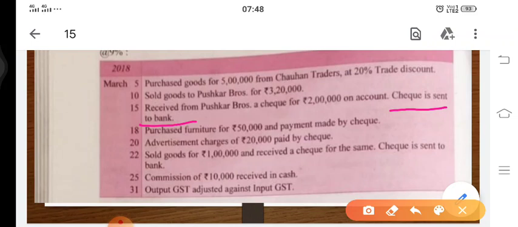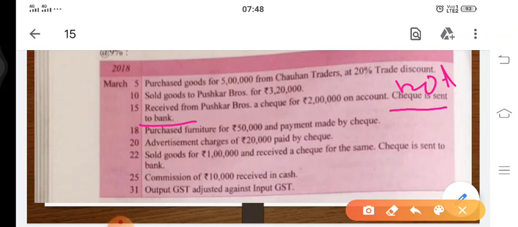So if it would have mentioned that the cheque is not sent to bank, then our entry, instead of bank, would have been cheque in hand account debit.